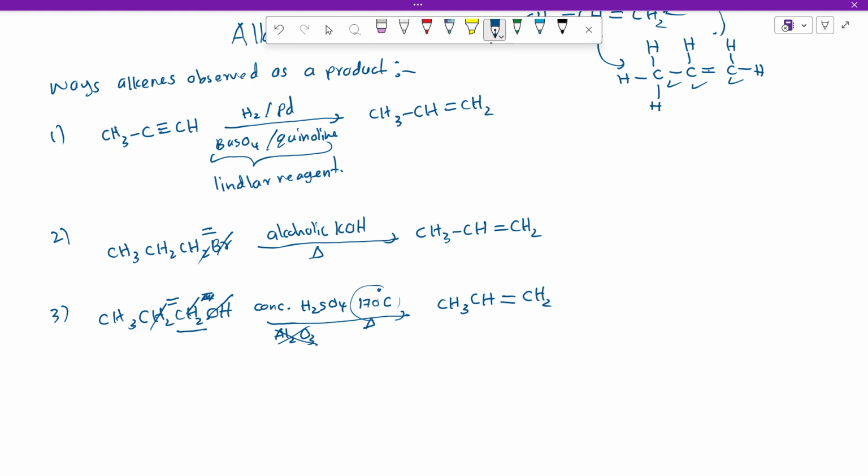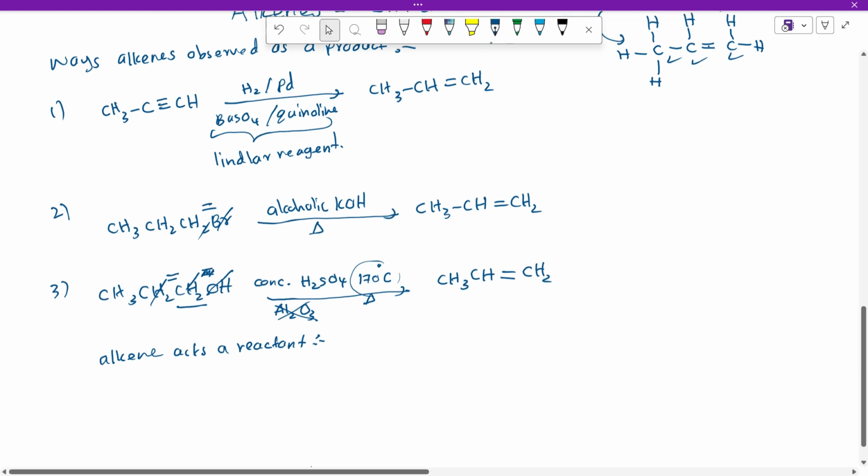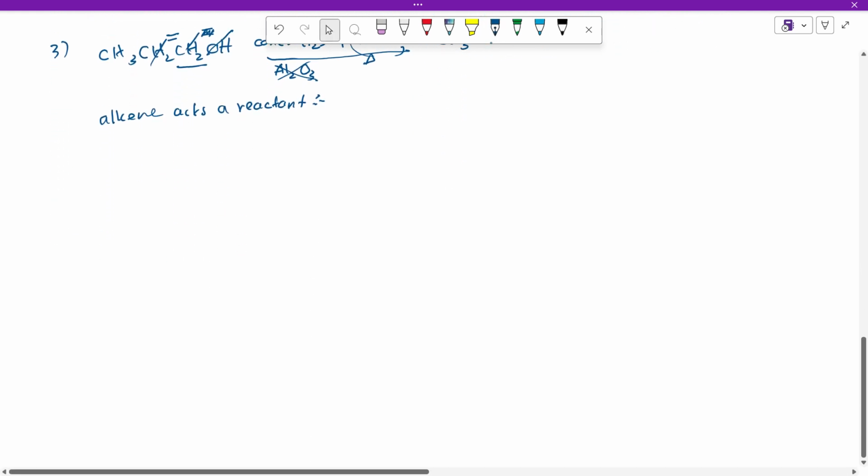Now we will see the ways in which an alkene acts as a reactant and gives other different products. Once an alkene is given, now afterwards the alkene acts as the reactant.